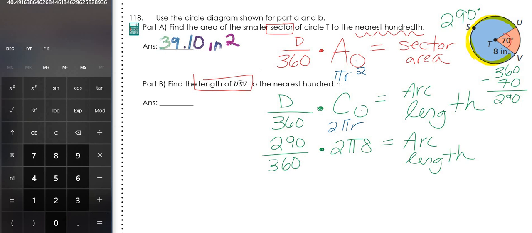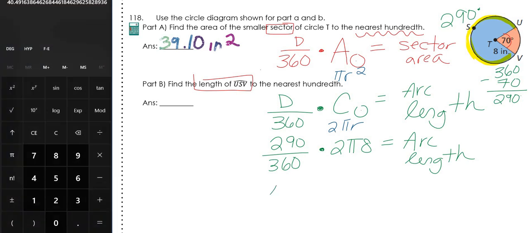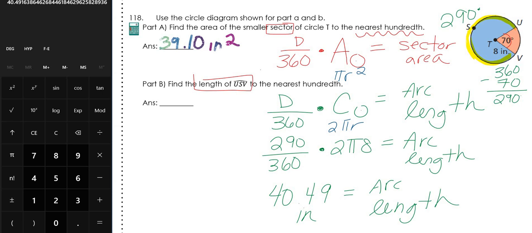So approximately 40.49 if we round to the nearest hundredth. 40.49 regular inches, because we're talking about the length of the outline, the length of the arc. Okay, let's write that in. Final answer, 40.49 inches.